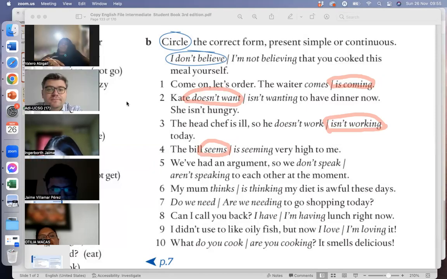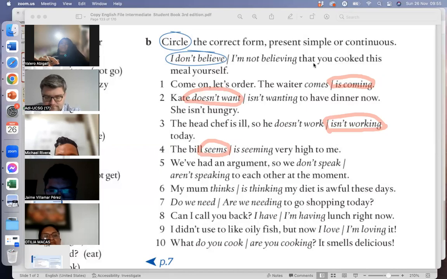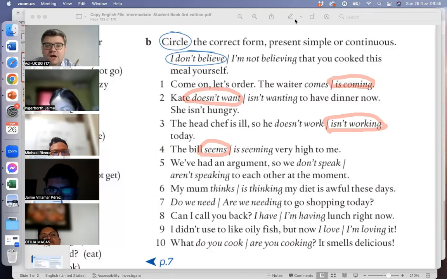Okay, let's go. Number 5. Jaime. We have had a fight, so we aren't speaking to each other at the moment. Very good. So one more time, why are you using this aren't speaking? Because it is happening now, because it's at the moment.